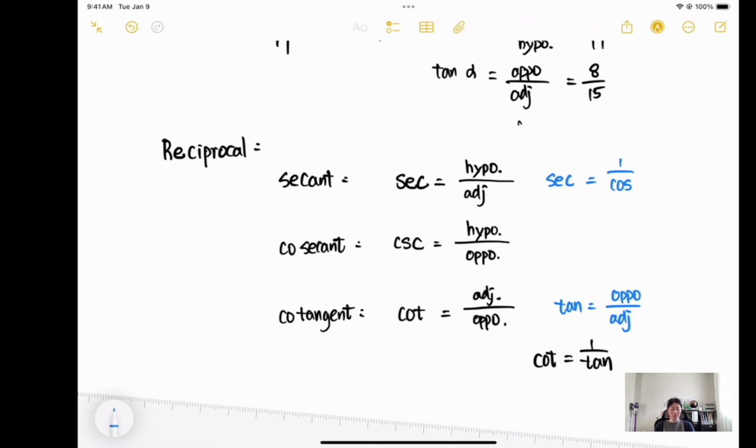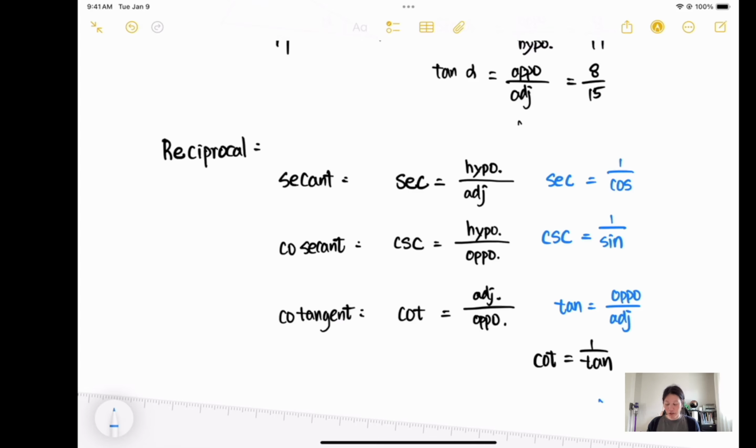Now, next one. The definition of cosecant is hypotenuse over the opposite side, and our sine is the opposite over hypotenuse. So that means our cosecant is the reciprocal of the sine function. So here is the definition of the reciprocal functions.